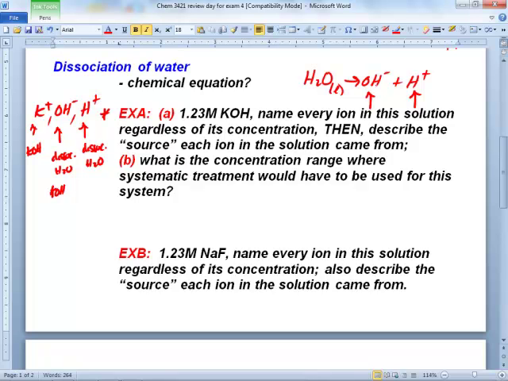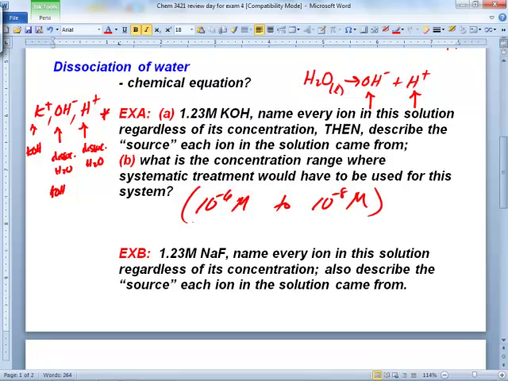So Kimberly, this question B is really, what is the concentration range of that KOH where you have to do a full systematic treatment? There's this worrisome concentration range. Okay, 10 to the negative 6. There it is. Someone's got a good memory, or you found it.